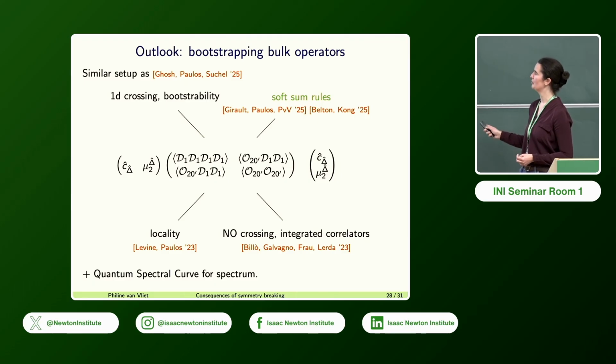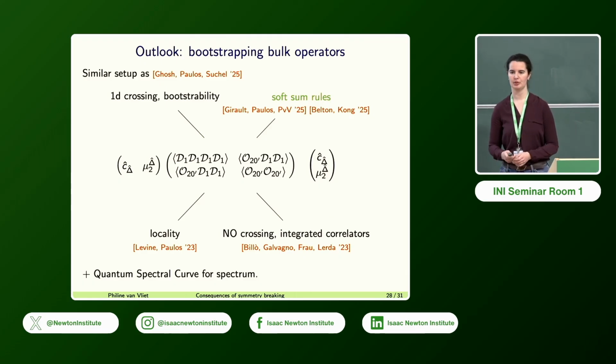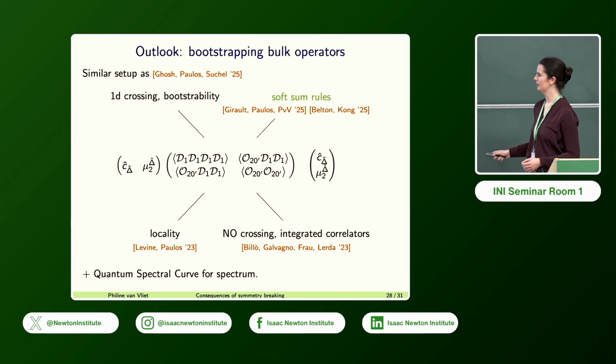The defects have some rules that we just derived. To constrain this 2-point function, we can again use integrated correlators that arise from supersymmetric localization. And of course, we also know the spectral data. So this is the next step, to put these defect sum rules to use. And okay, numerics is running, so keep posted.